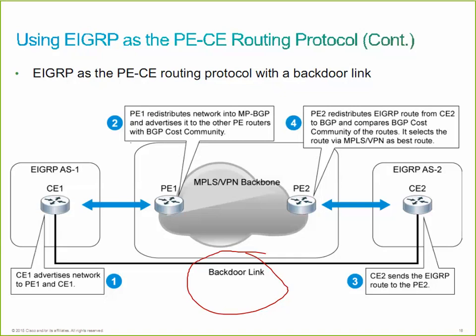The CE2 router is going to advertise routes to the PE2 router, and the PE2 router has 2 BGP paths for that particular prefix. It has the iBGP advertisement from the PE1 router. Remember, that's our MPBGP connection. And then it has a locally redistributed BGP route from the CE2 router EIGRP advertisement. In other words, we know that we can reach that prefix destination through 2 different paths. We can reach it through the MPLS network, or we can reach it through the backdoor link.